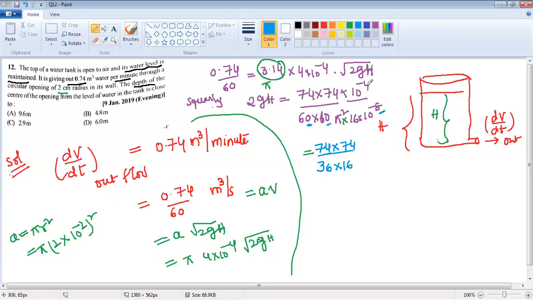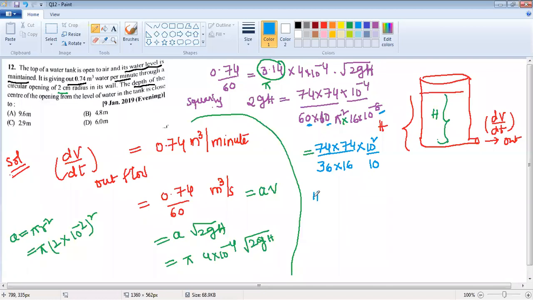Then 10 power minus 6 is brought over as 10 power plus 6. Now 10 square is still remaining, and this is 10 power minus 4. Then take pi square also as 10. Do you understand the point now? Yes. Pi square also 10. So then, can you go to the calculations further here?